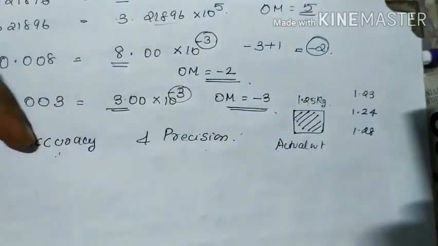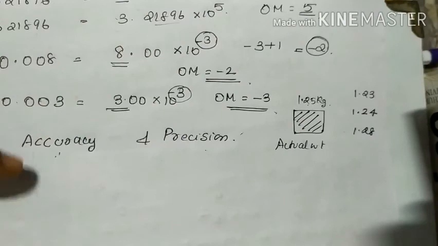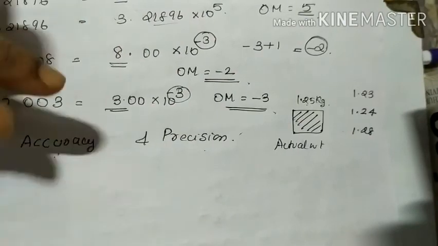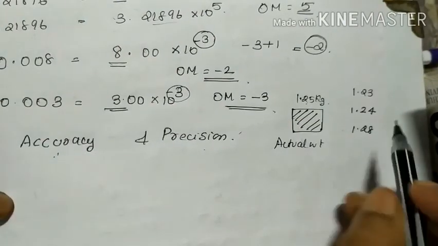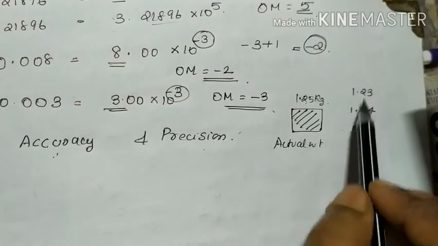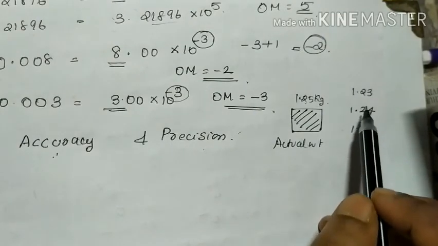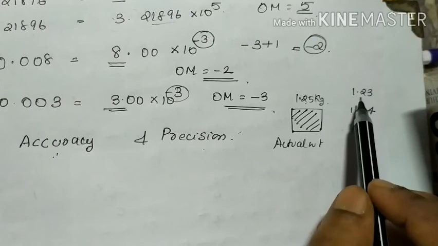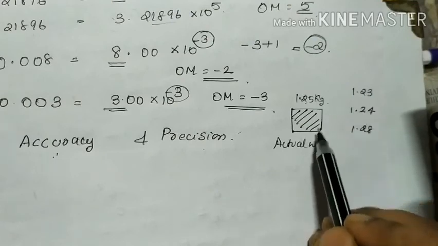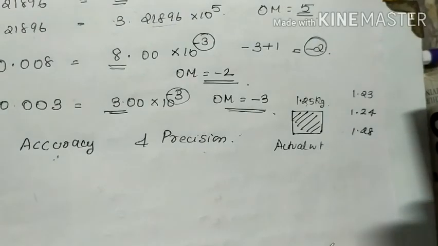Now let's move on to the accuracy definition, guys. Accuracy is how close the measured value is. This is your measured value. You measured it, right? How close the measured value is to the actual value, or true value, as in.